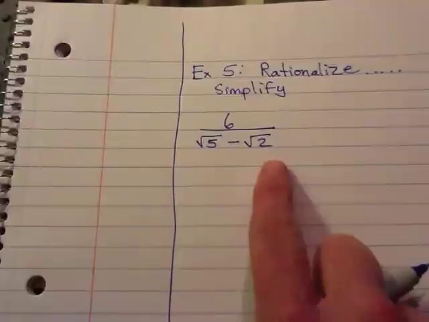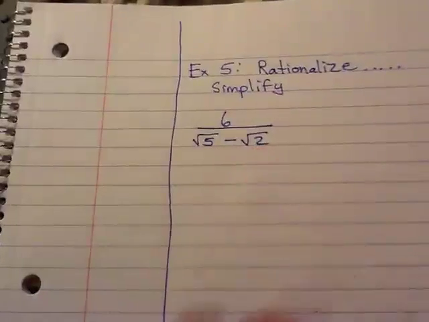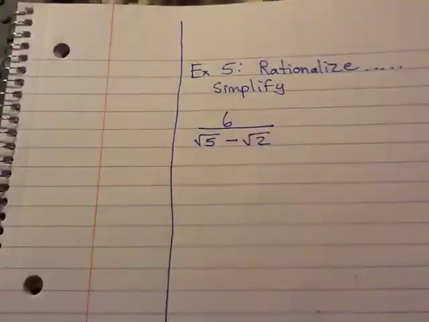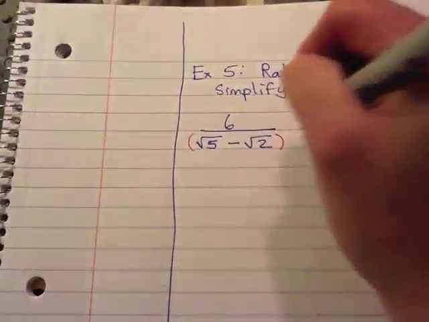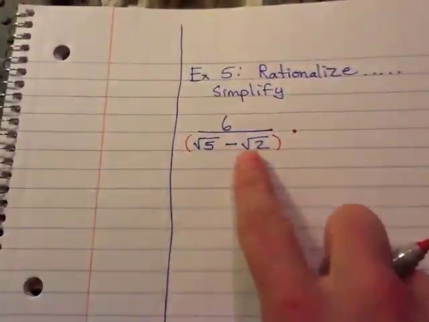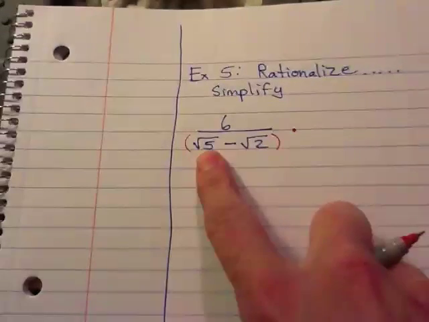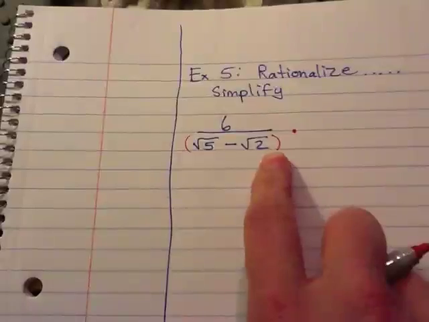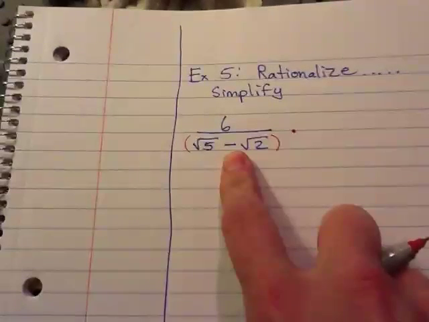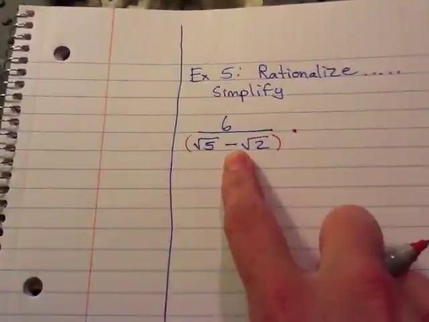So what you're going to learn to do here is I need to get rid of these. So I'm going to think of this as one whole piece, and I'm going to multiply it by whatever the opposite sign is. Same A, same B, or same first term, same last term. Opposite sign here. It's making a difference of squares.